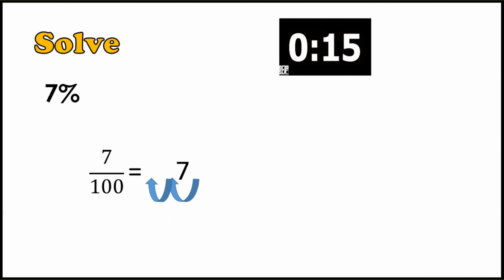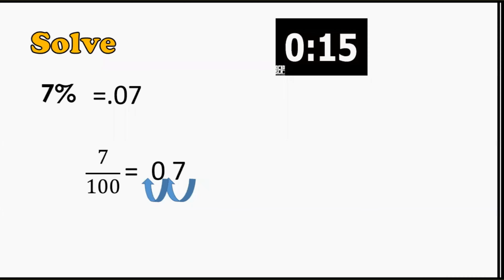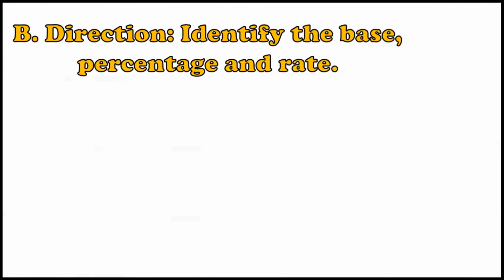So 1 and 2. Then maglalagay tayo ng 0, then yung decimal point mapupunta sa left side ng 0 kaya magiging 0.07.